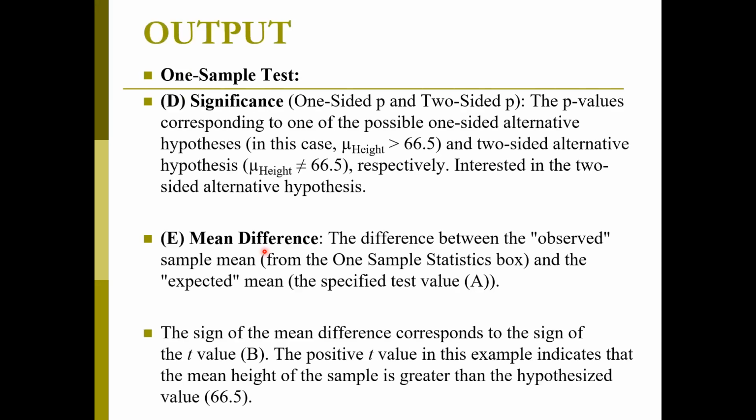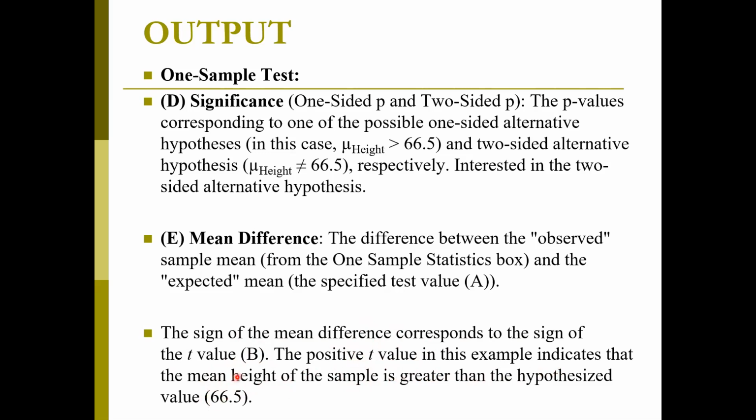Now the sign of the mean difference corresponds to the sign of the t value. The positive t value, remember, in our example, indicates that the mean height of the sample is greater than the hypothesized height.